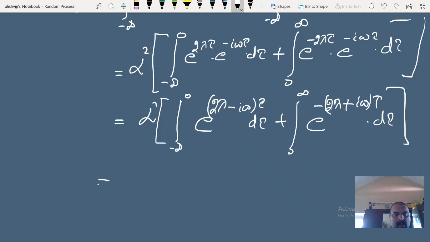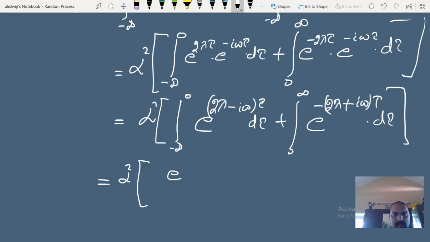Now, 2 lambda is a constant, and i omega is also a constant as far as the integration with respect to tau is concerned.